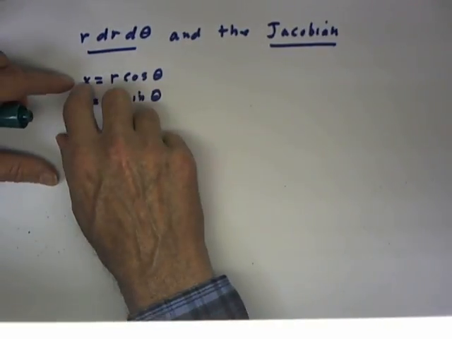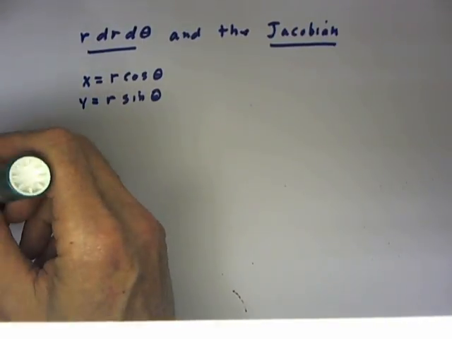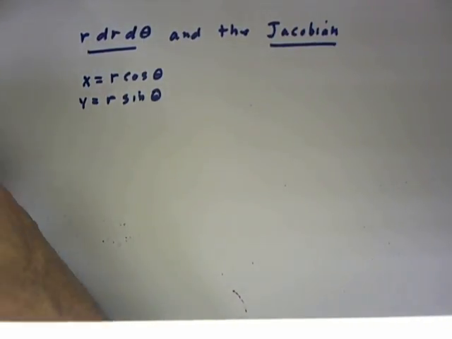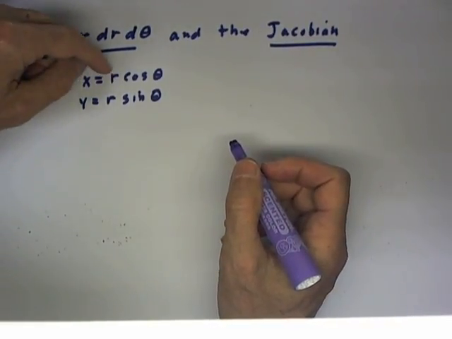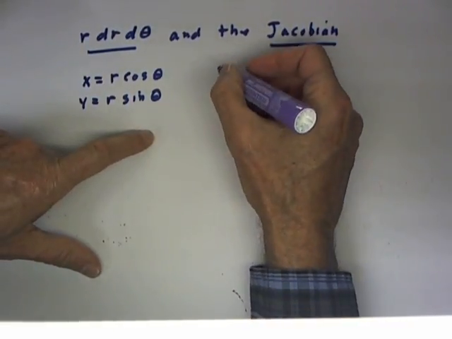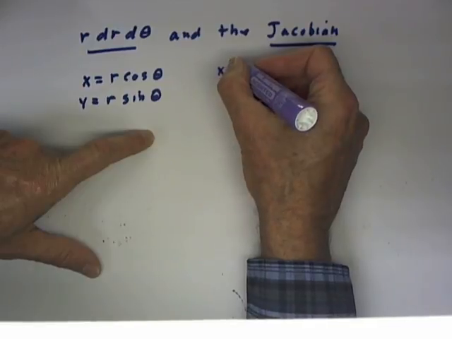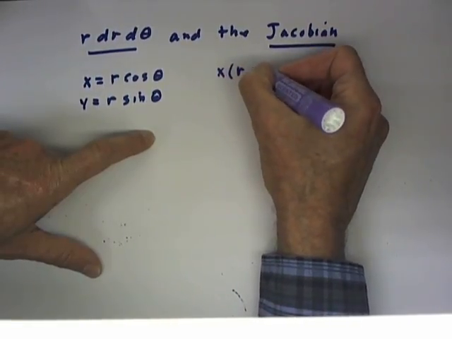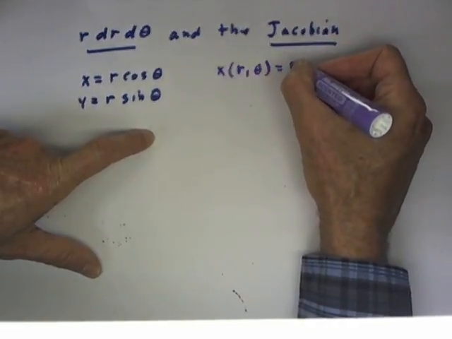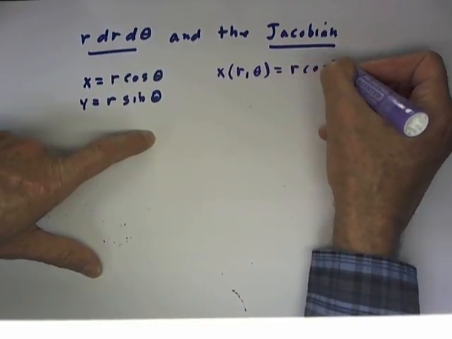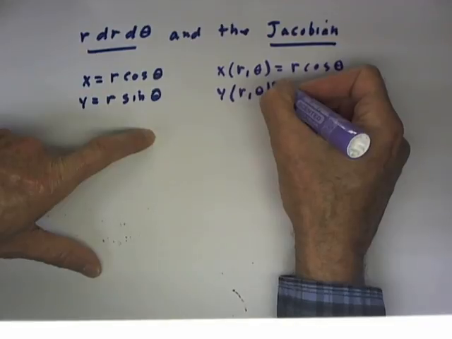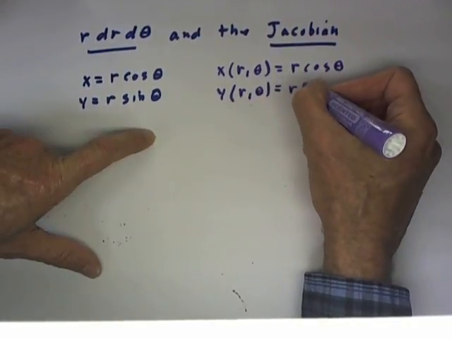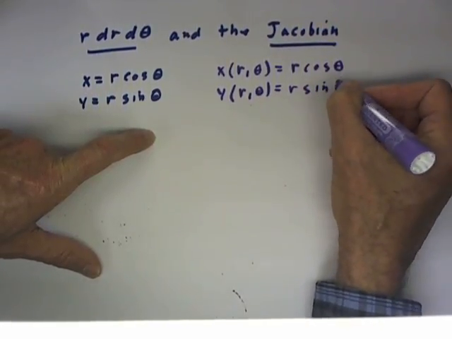Now, writing x equals r cosine theta and y equals r sine theta, we've implicitly expressed x and y each as a function of two variables, r and theta. So we could make that explicit by saying we have x of r, theta equals r cosine theta, and y is a function of r, theta, which is equal to r sine theta.